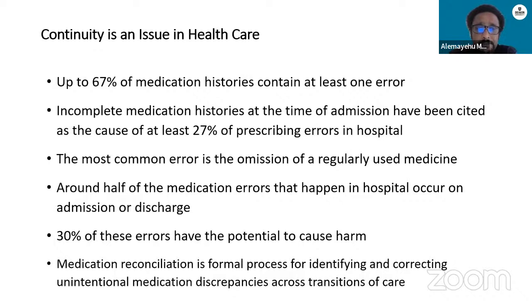Although these medication errors are abundant, only 30% can cause patient harm, because many may be trivial, but still around 30% can cause patient harm. That's why we need medication reconciliation: it's a strategy to identify any unintentional changes, so it will fill up the gap in medication discontinuity management.